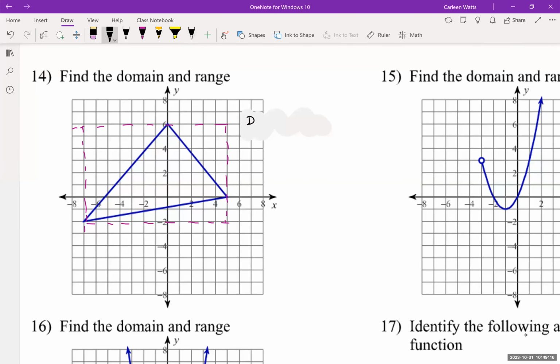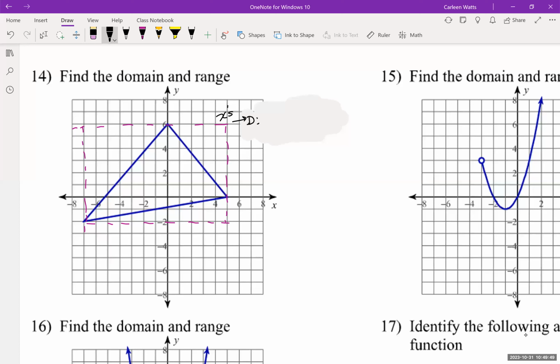Okay, the domain. So 2 ways to write this. We're going to write it using interval notation. So the x values, so domain, those are the x's. The x's go from, what do my x's go from?